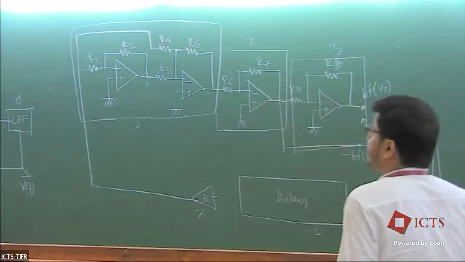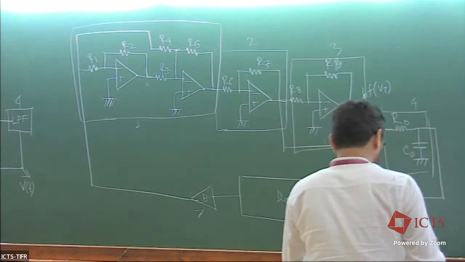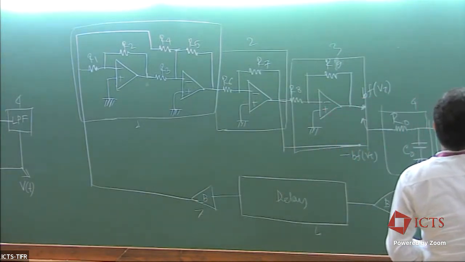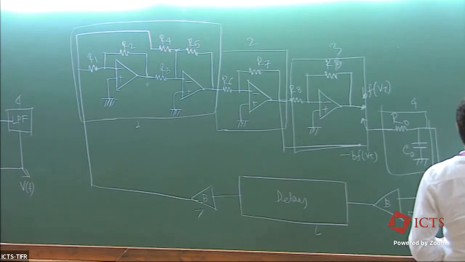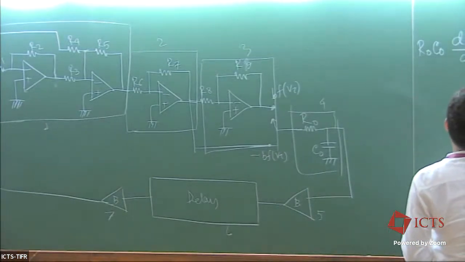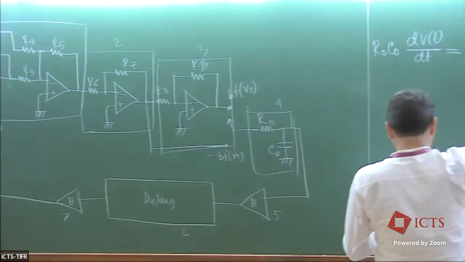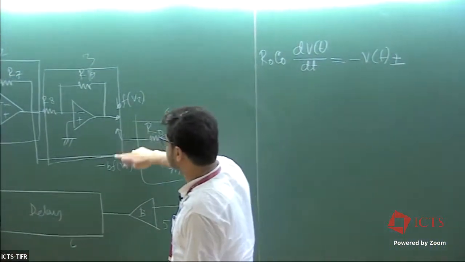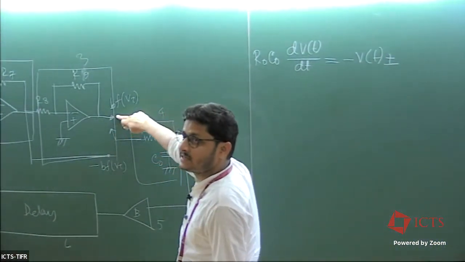So if we write the equation of this system, then we can get R0 C0 dV(t)/dt is equal to minus V(t) plus or minus, depending upon the position of this switch. If it comes here, then plus.